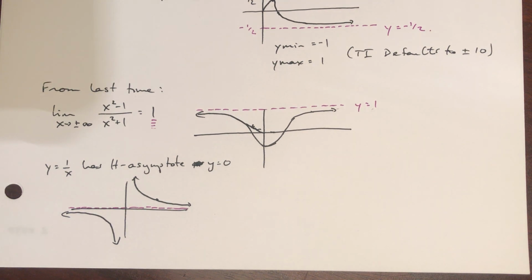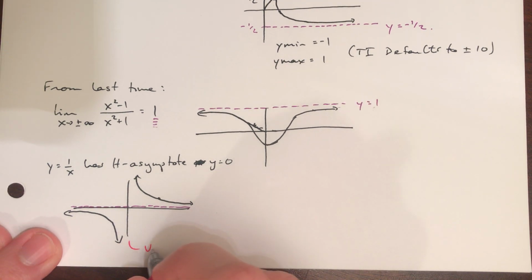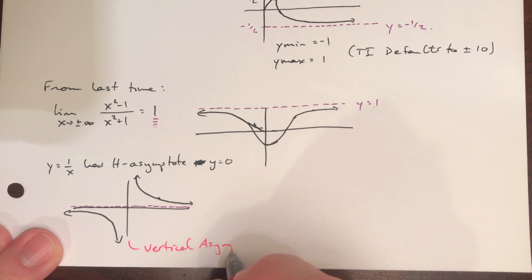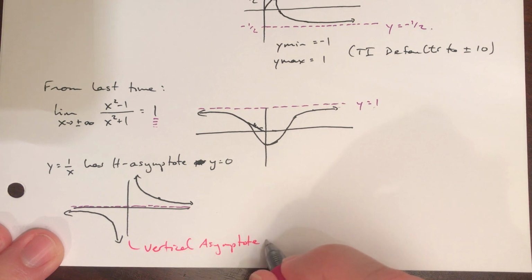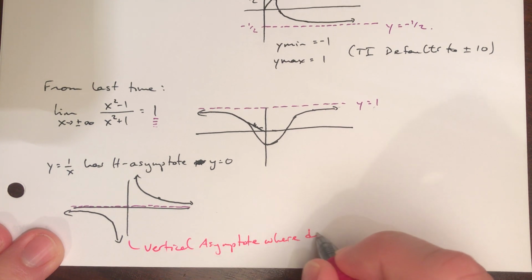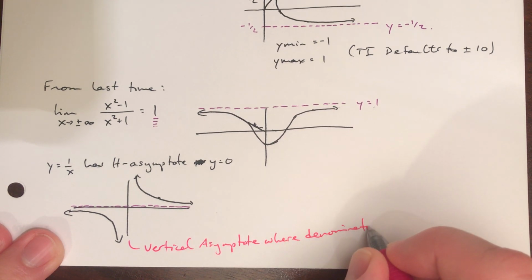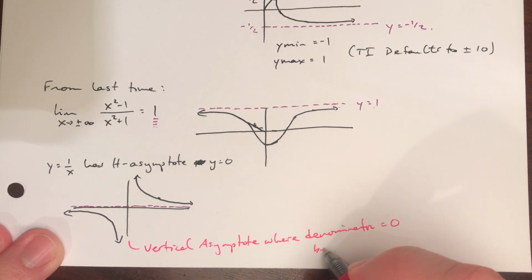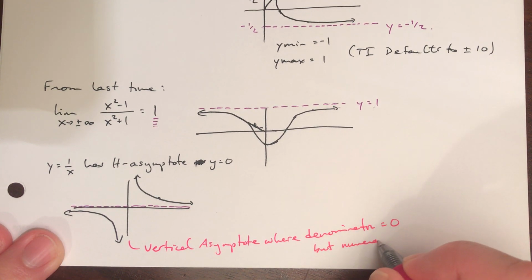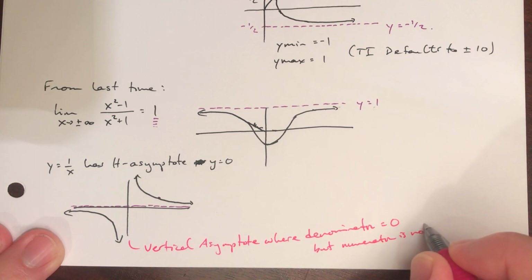In this case, we actually have a vertical asymptote where the denominator is 0, but maybe the numerator is not.